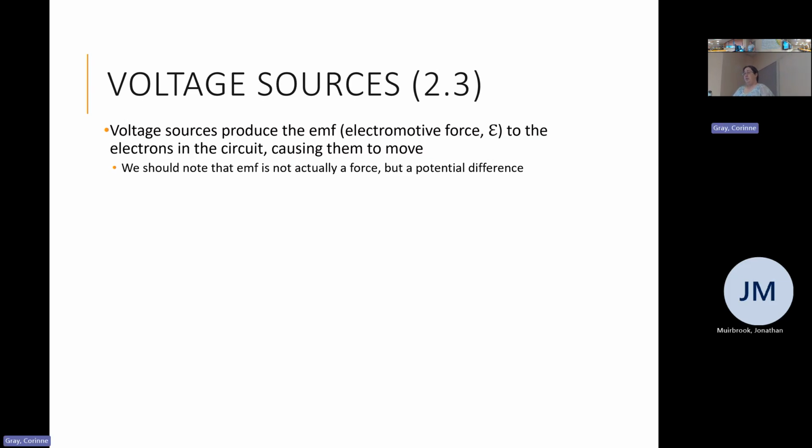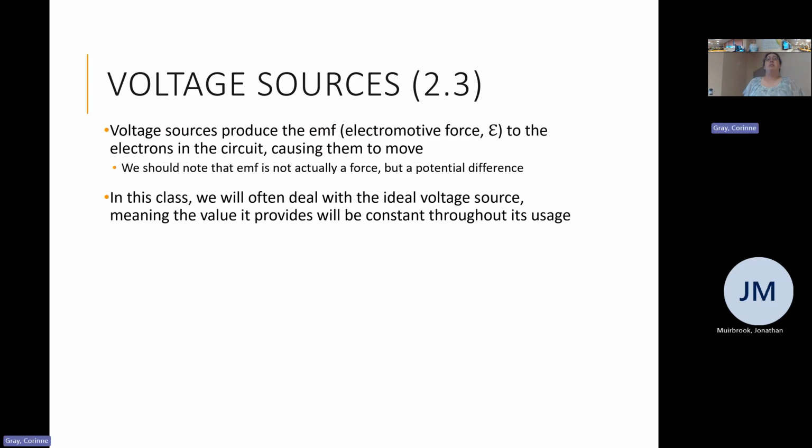Good news is we are going to be dealing primarily with ideal sources. So, especially when we deal with batteries, constant value throughout the entirety of it. We are going to exclusively deal with batteries, I want to say, for over half the class.